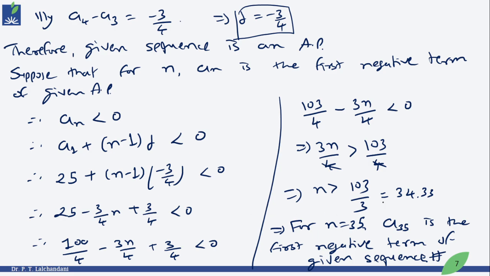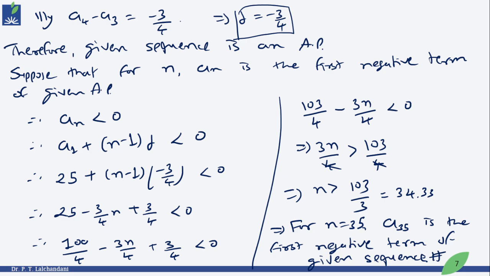We get n greater than 34.33, and we know that n lies in the set of natural numbers. So the first natural number after 34.33 is 35. It simply indicates that the 35th term of the given arithmetic progression is the first negative term, and this gives us the answer. I hope this solution is clear to you.